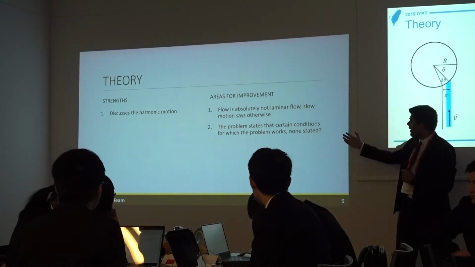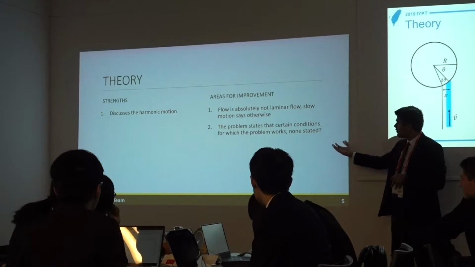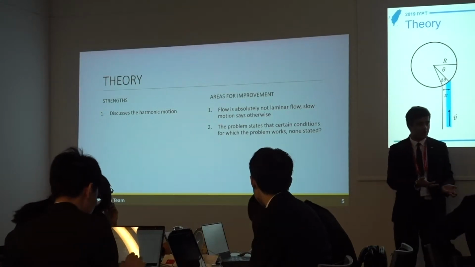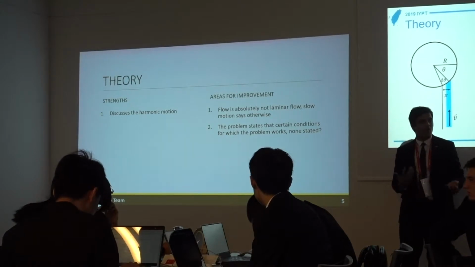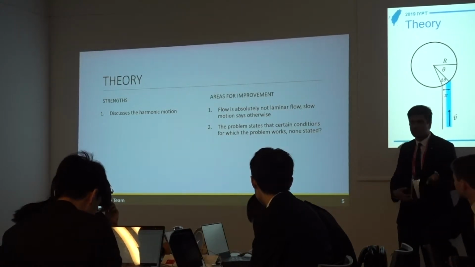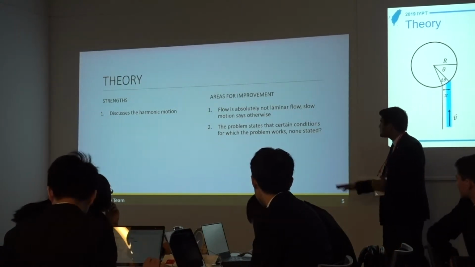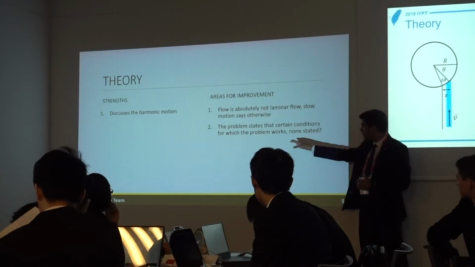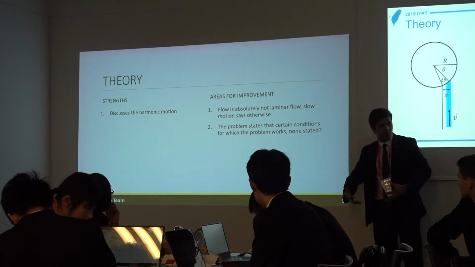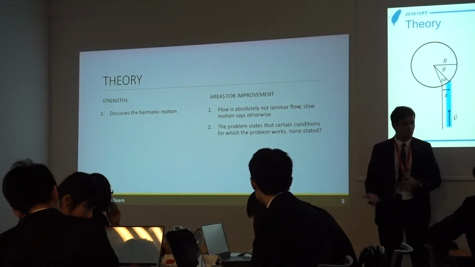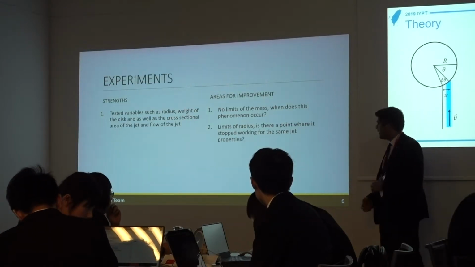However, going back, the flow is absolutely not laminar flow, as shown in their own videos. They said it was laminar flow, however their own experimental results deny this. And the problem states certain conditions for the problem to work, and they're not stated. There is no statement of the conditions under which this problem works, and that relates back to problem fulfillment and why there are some flaws in that.